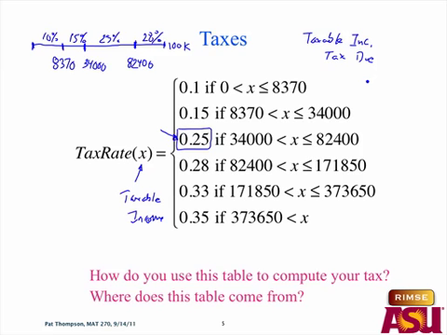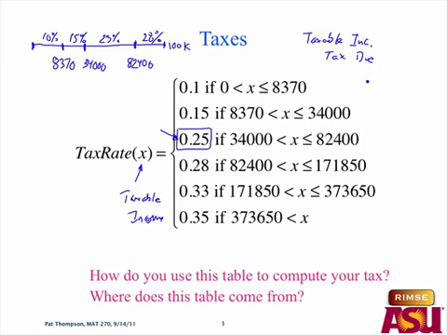So how do we set up the rate of change? What is 0.25? Is it a rate of change of income with respect to tax due, or tax due with respect to income? Yeah, Andrew. With respect to your income. Why? Because depending on what your income is determines the rate at which your taxes are being taken.